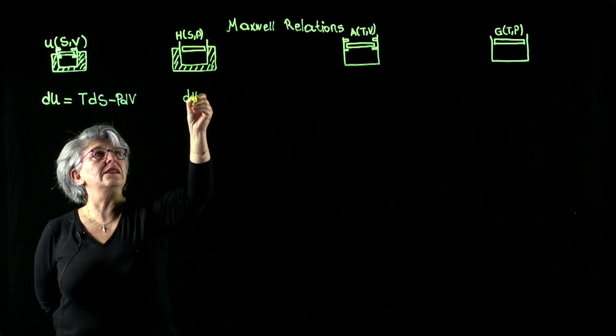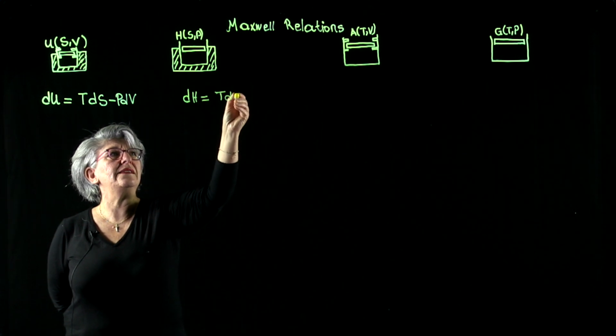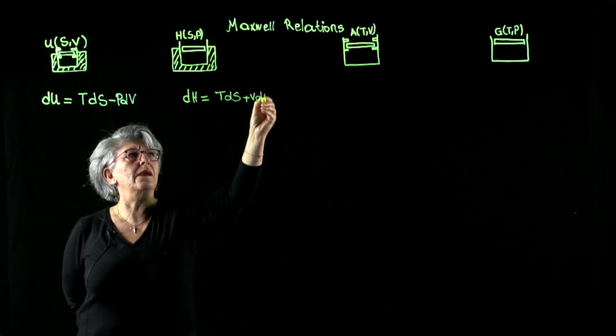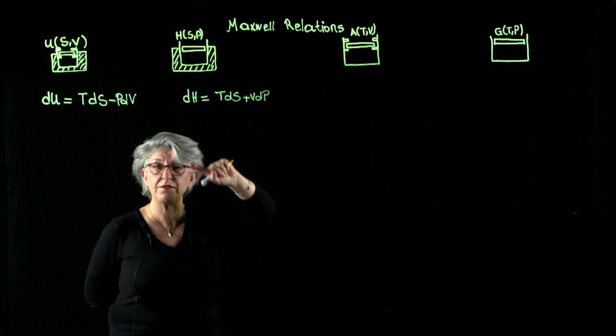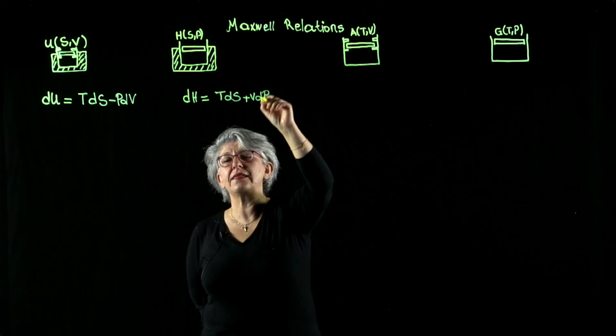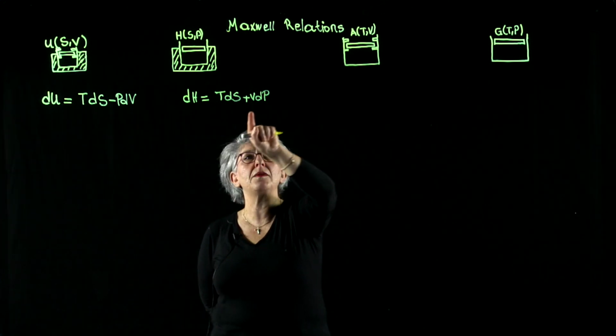dH is equal to TdS plus VdP, and where they come from was derived in the previous video. If you are confused about them, at the end of the previous video we derived them one by one.